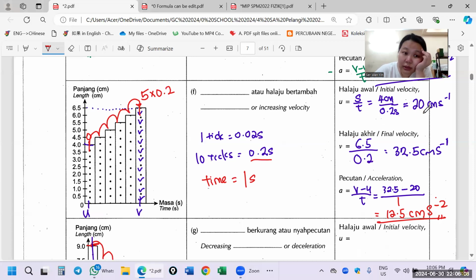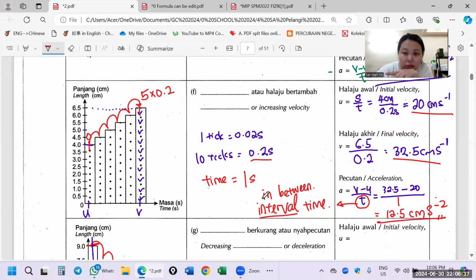So initial velocity, acceleration. The initial velocity is 4 divided by 0.2. The time here is actually called the interval time. What's an interval? It means in between.